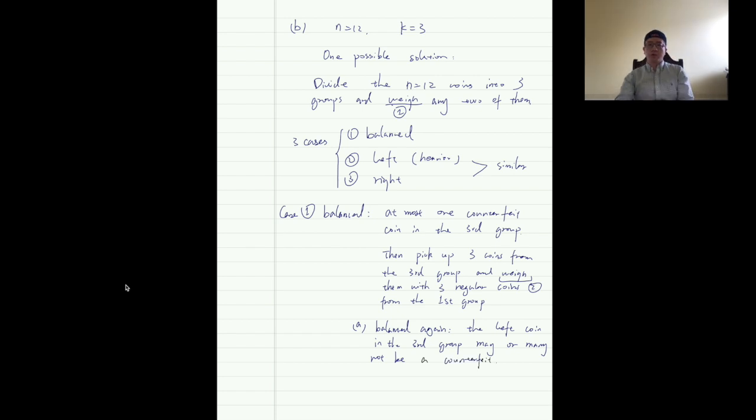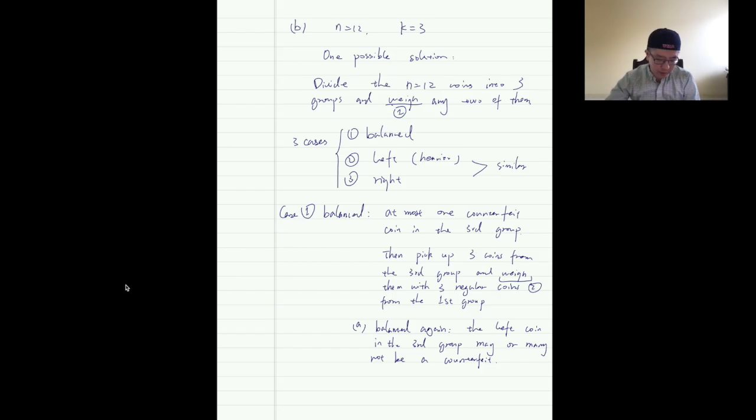In order to determine that, it'll be easy, right? There's only one coin left. We just weigh this coin with any regular coin, and then we can determine whether it's a fake or not, and whether it's heavier or lighter, right?